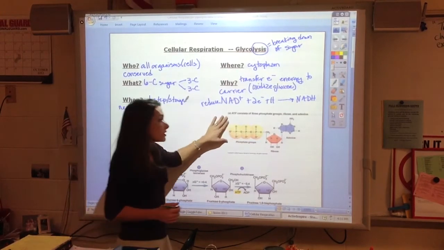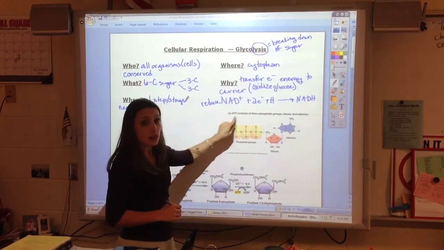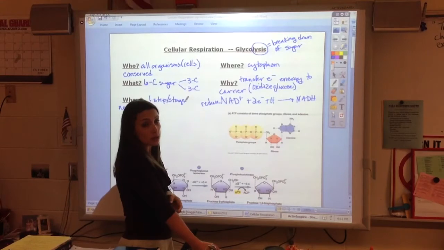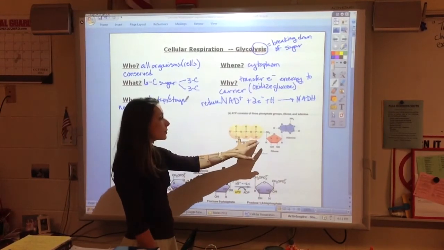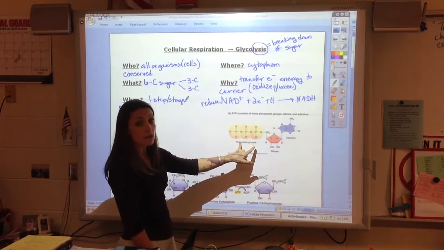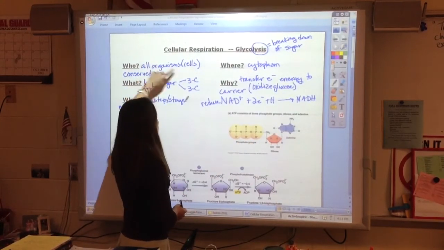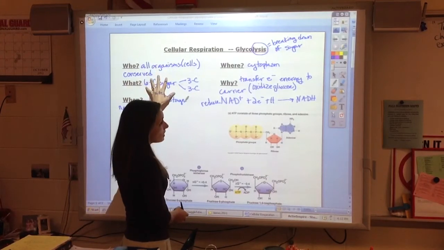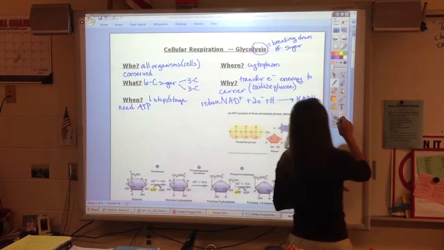And here's the little diagram of ATP, reminding us that the energy is in these phosphate bonds, that we're going to go through many, many steps to build this ATP, but keeping in mind the 3 phosphates have that high energy. So breaking down sugar, all organisms breaking down sugar to transfer the energy to a different source.